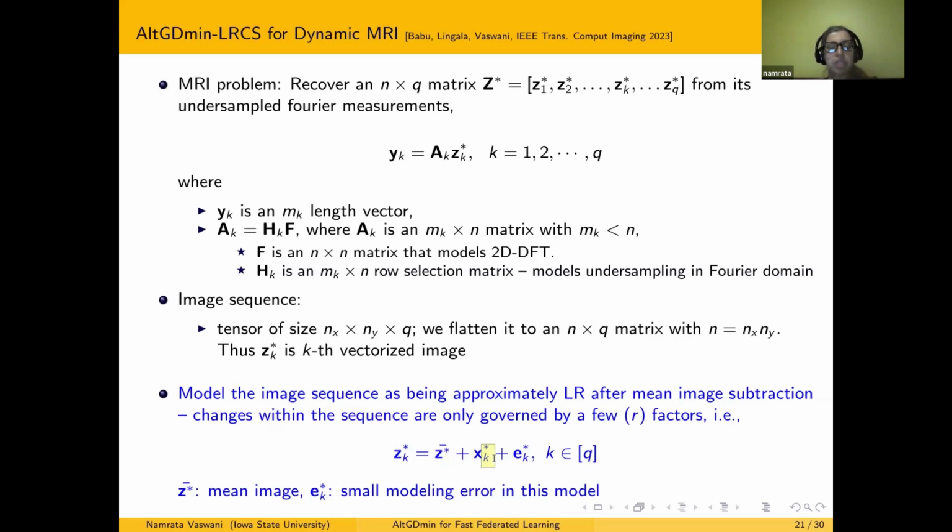There is the low rank component X star k, a low rank matrix. And then there is extra modeling error. Of course, no model is perfect. So there is modeling error in this model. But by attempting to also estimate this modeling error, you actually deal with the high temporal frequency components, which you would want to recover in dynamic MRI.